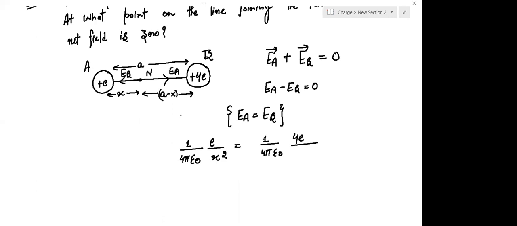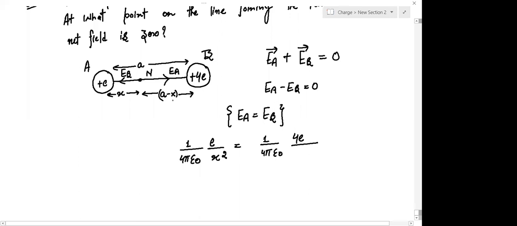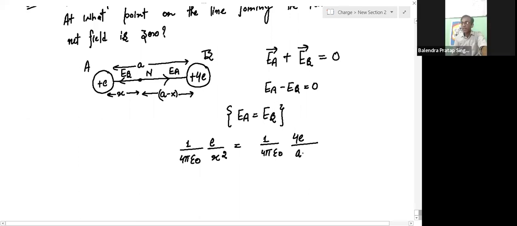Yes, exactly. A minus x, because the distance from plus 4E to the neutral point is a minus x. So that is a minus x whole square. Now you can easily find the value of x, and the value of x will give you the neutral point.